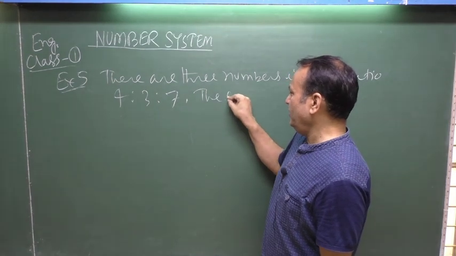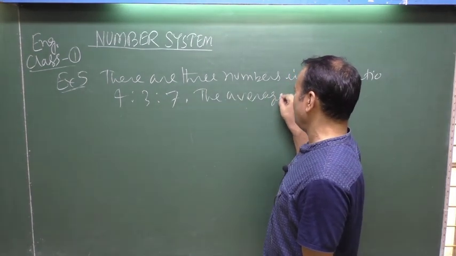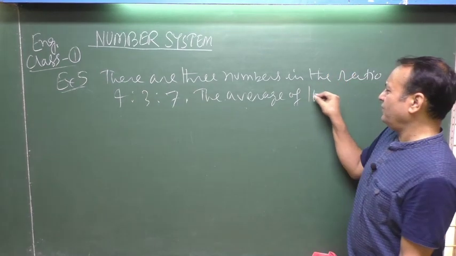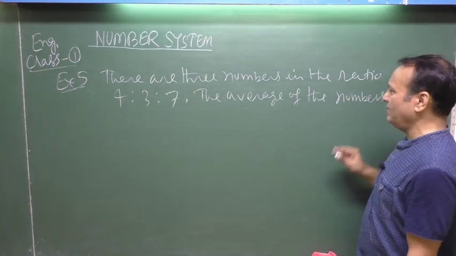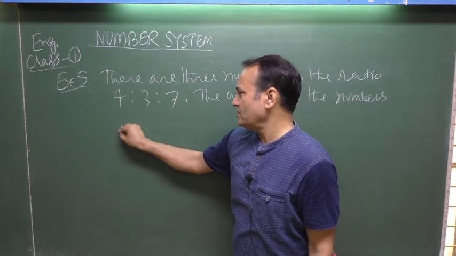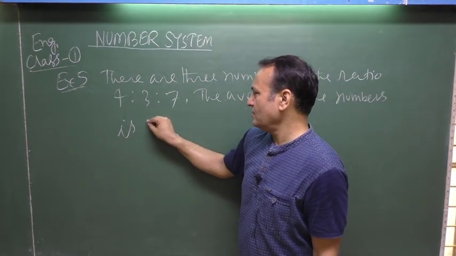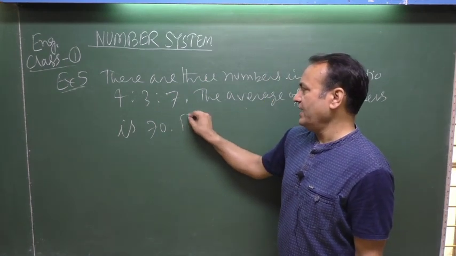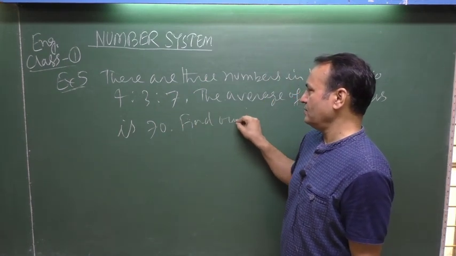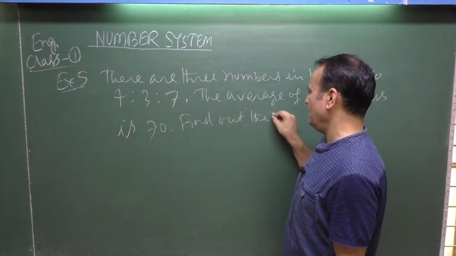The average of the numbers is 70. Find out the least number.